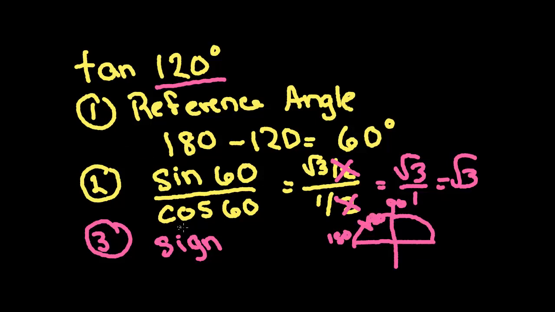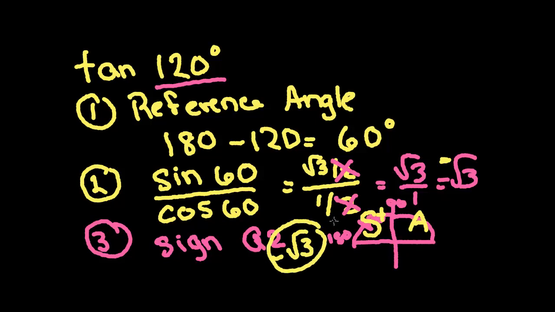So I'm in quadrant 2. And so this is all students. So the sine is positive in quadrant 2. So my tangent is not going to be positive. So my answer is going to be a negative square root 3.